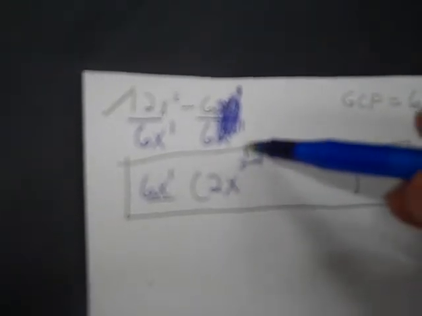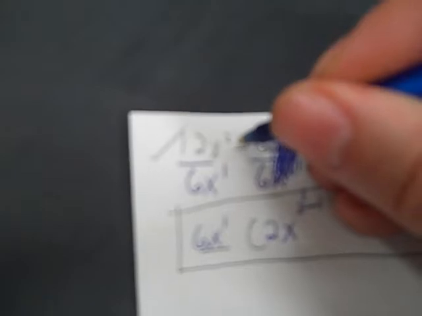So 2x to the 1. And then, if you have a minus, make it plus negative. And then you take negative 6 divided by 6, and that's negative 1. Now, you can write plus negative 1. Okay, but if you get a negative, you just write minus 1.